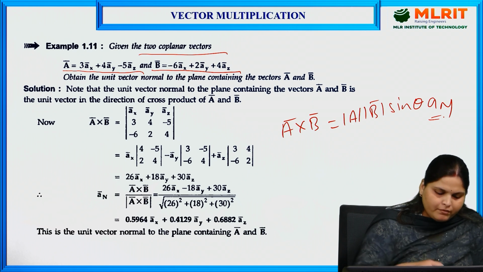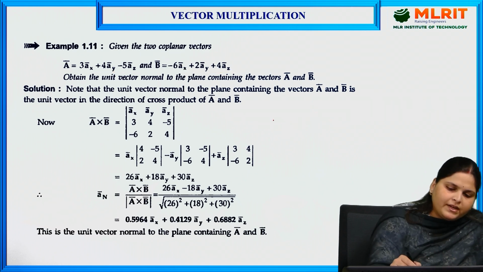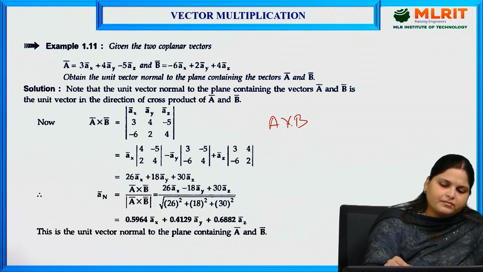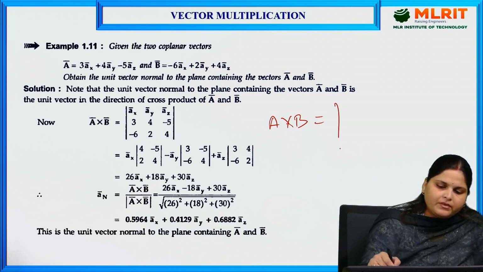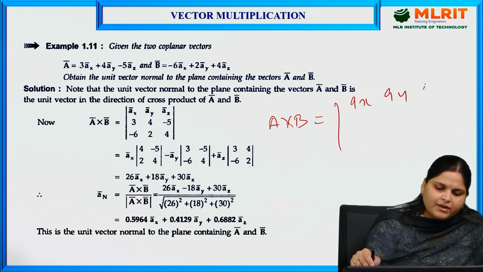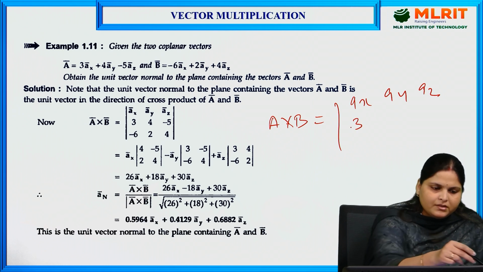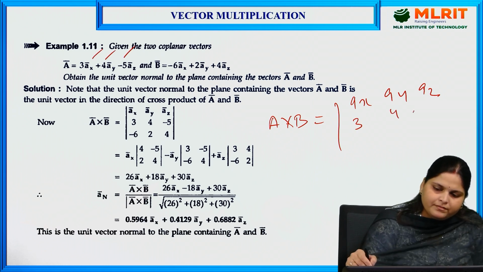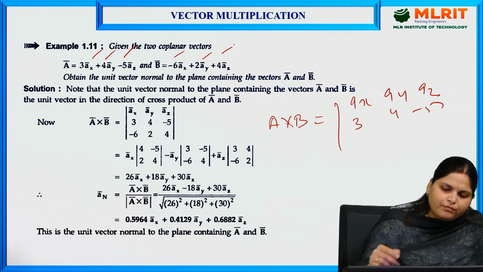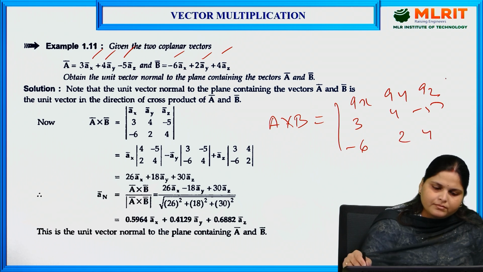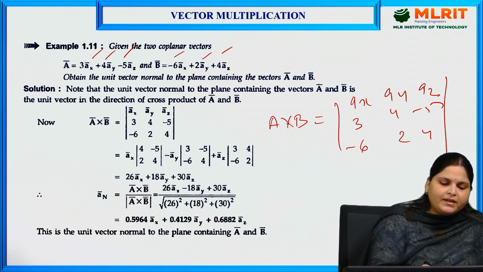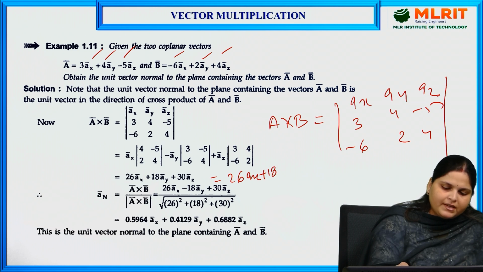First we will calculate A cross B, right? A cross B will be the determinant of ax, ay, az; 3, 4, minus 5; and minus 6, 2, 4. When we expand it, we get 26ax plus 18ay plus 30az.